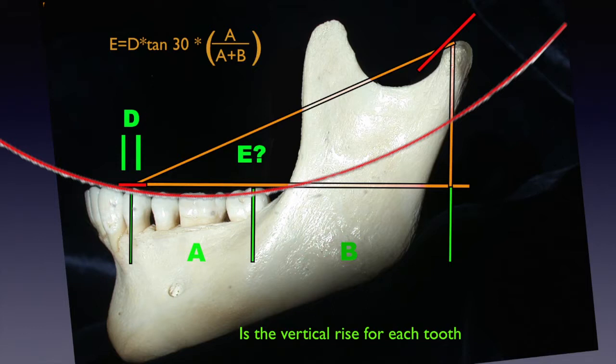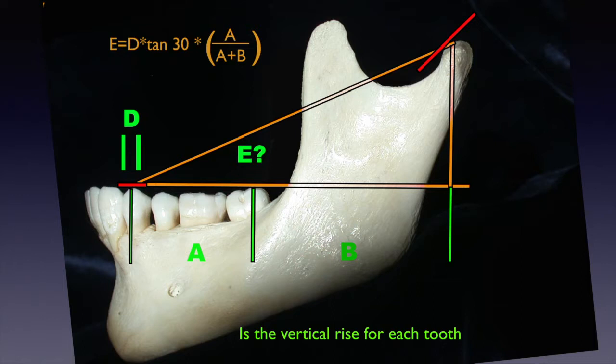They would merely be extended in the plane of the curve of Spee. The geometry of retrusion at the tooth level is actually quite complex. That is one of the reasons why a precise equilibration is so difficult to do.